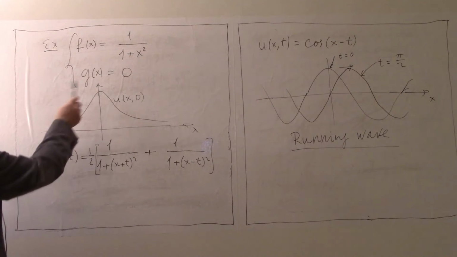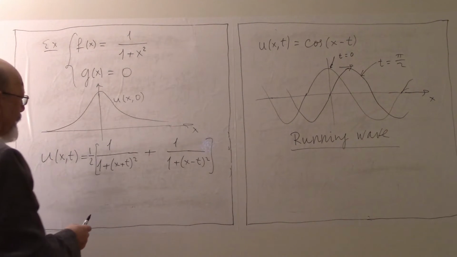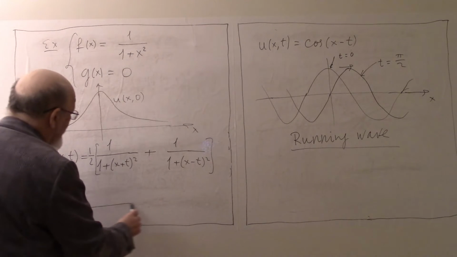How can we imagine, and we have no term from g because g is 0. How does it look?